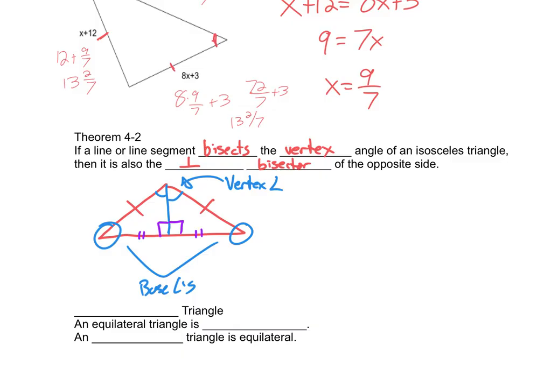Okay, so our conclusion is in purple. It means if we have an isosceles triangle and an angle bisector, it will also cut the opposite side in half and be perpendicular to it.